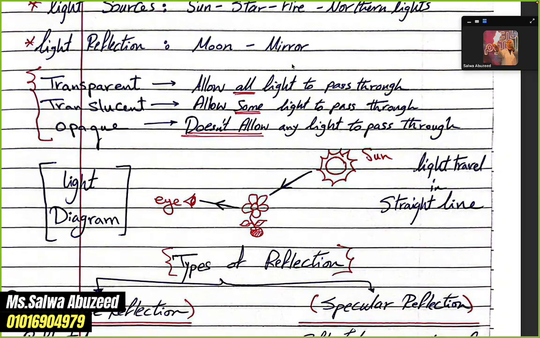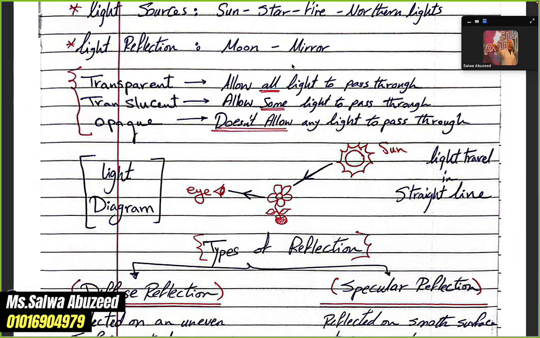If we talk about the three types of materials, we have transparent, translucent, and opaque. Transparent is the material that allows all light to pass through, like our glasses or the window. Translucent is a material that allows some light to pass through, some, not all of the light. And the opaque is the one that doesn't allow any light to pass through.